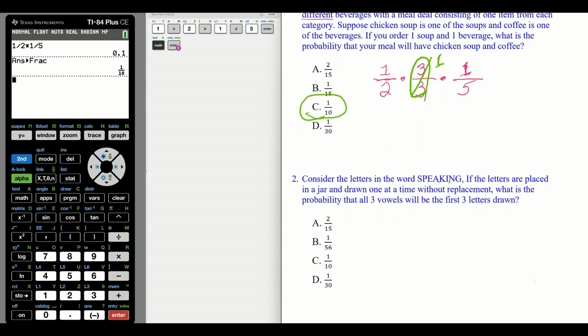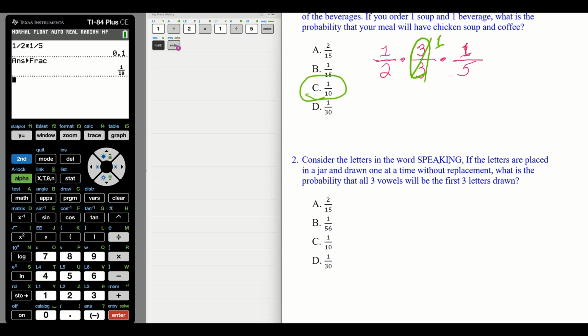Okay. Number 2, consider the letters in the word speaking. If the letters are placed in a jar and drawn one at a time without replacement, what is the probability that all 3 vowels will be the first 3 letters drawn?